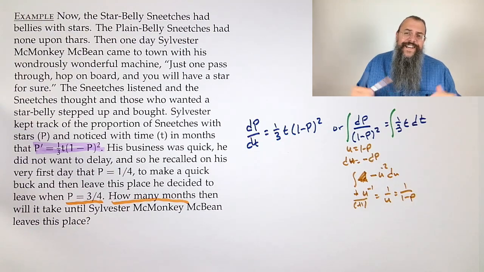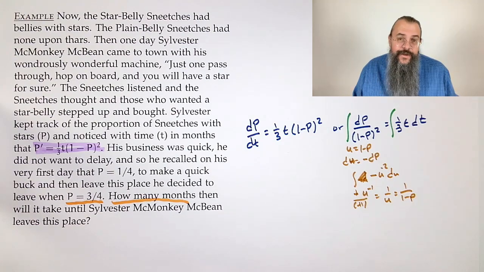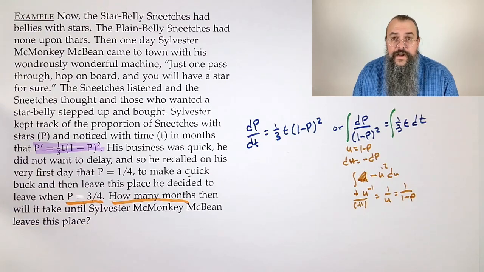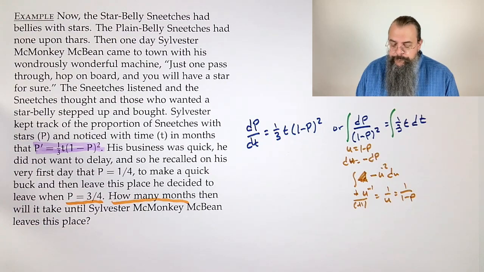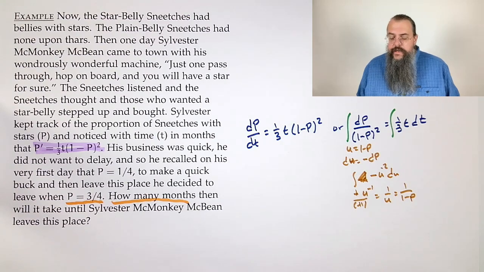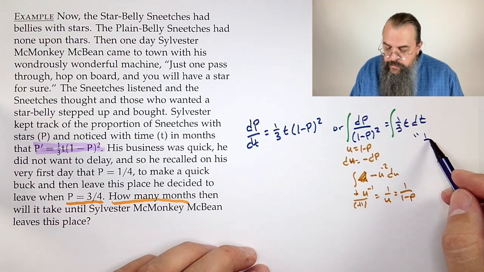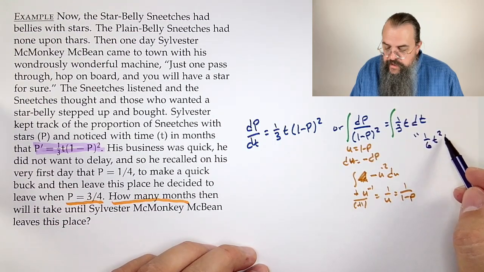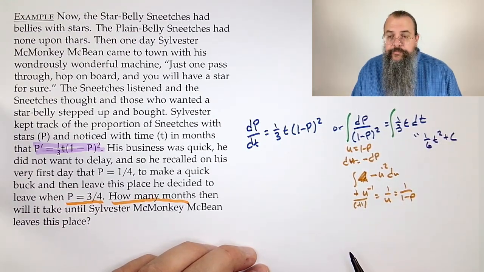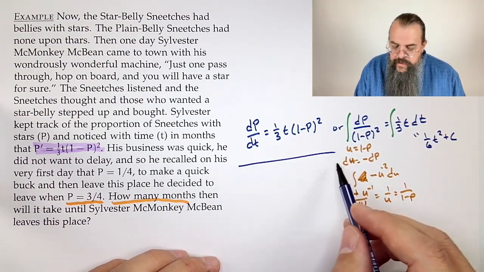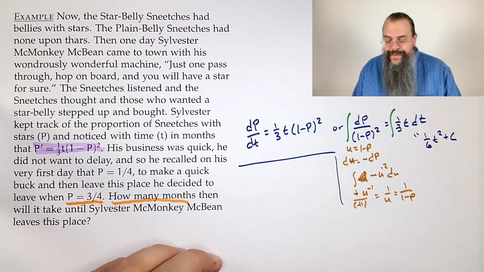Or you'd say, well, the 1 minus p is basically like u, and so it's like 1 over u squared, you could reason it out without too much difficulty. On the other hand, this other integral, there's hardly any surprise at all. That would be 1/6 t squared plus c. So there we go. Now, let's see where we're at.